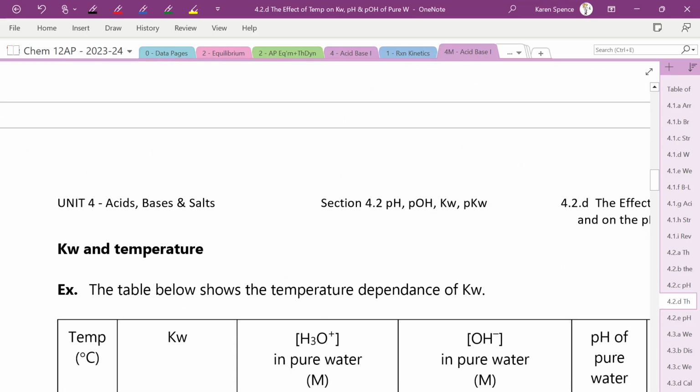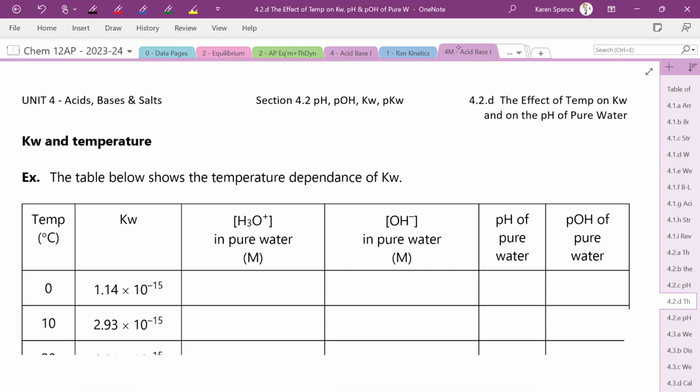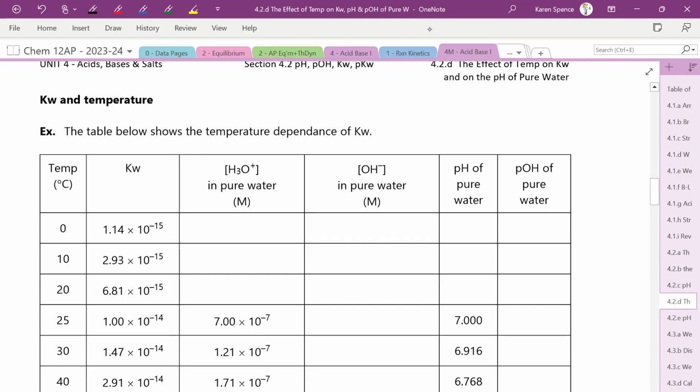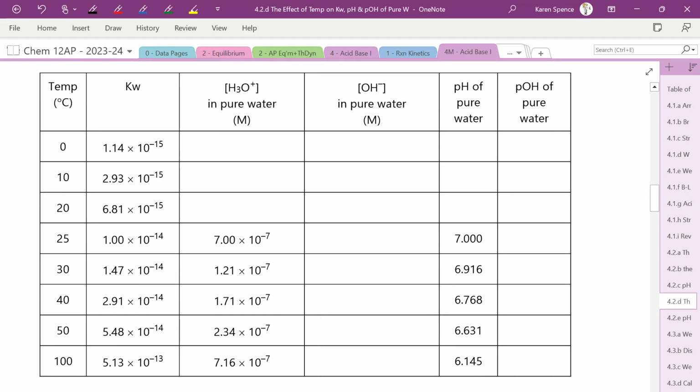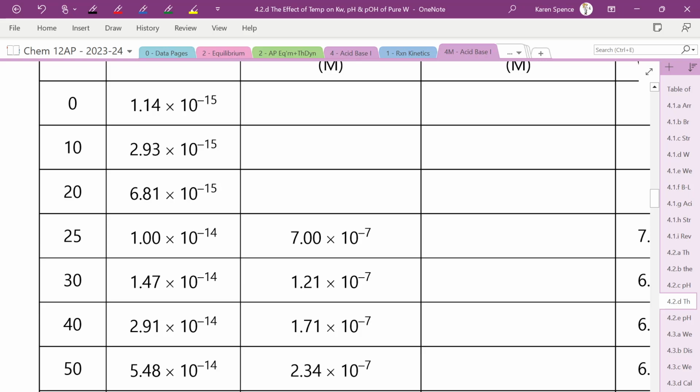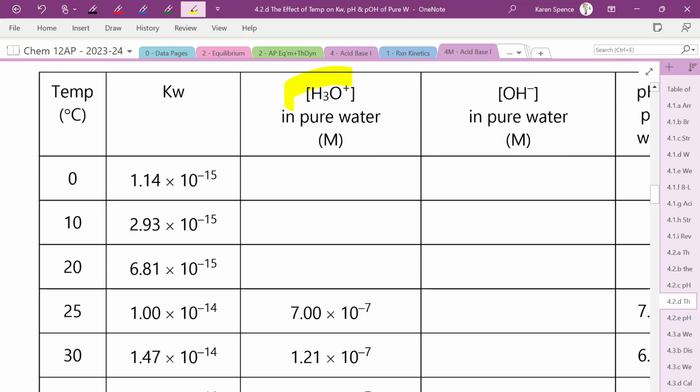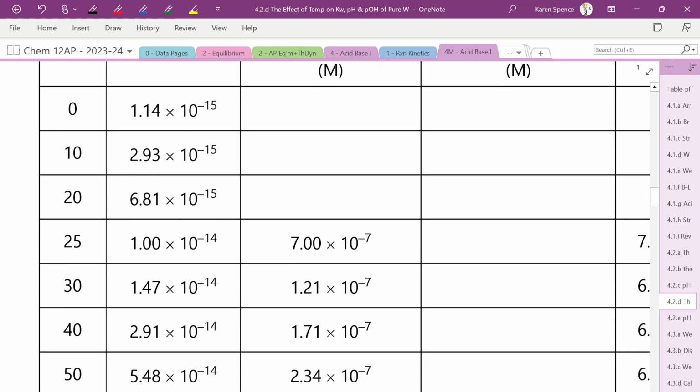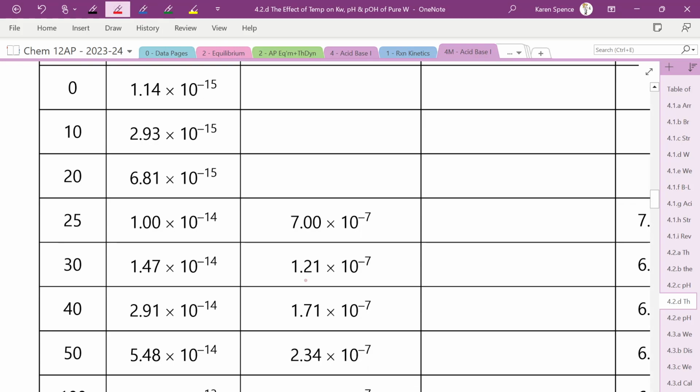Okay. Kw and temperature. Now, first thing, there is a mistake in here. At 25 degrees Celsius, the concentration of hydronium should not be 7 times 10 to the negative 7. It should be 1 times 10 to the negative 7. Okay?